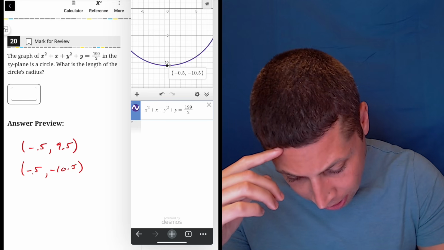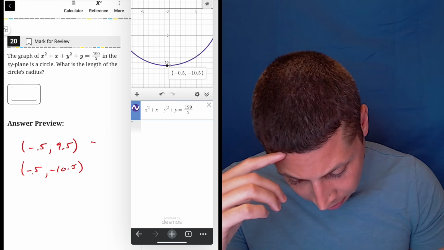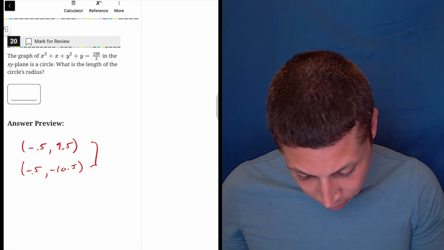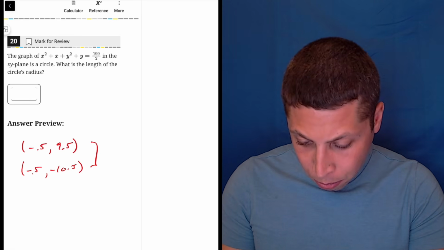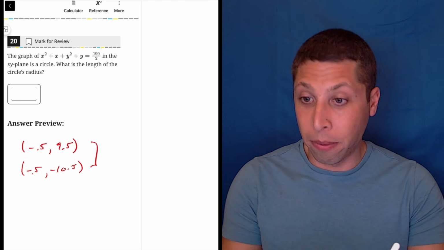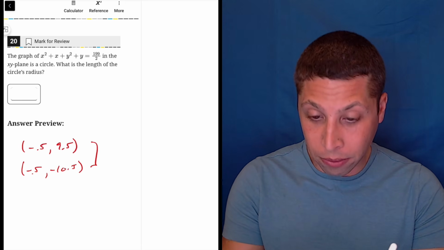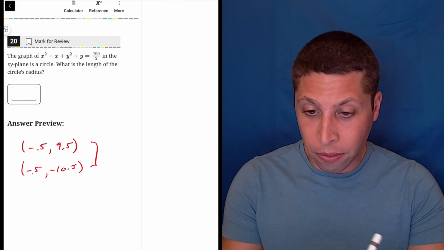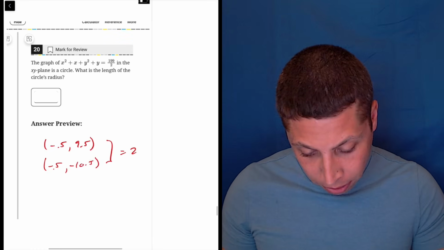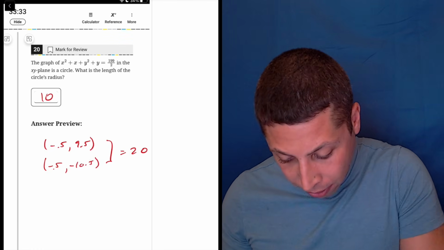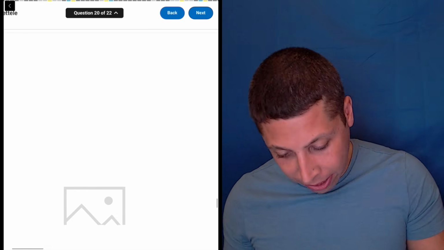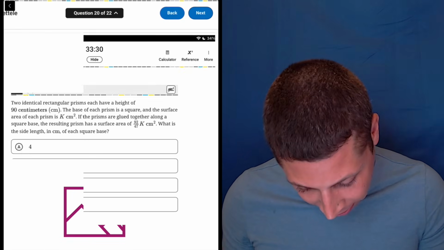So I think the calculator is just telling me this distance, right, is 9.5 plus 10.5. I should just be able to do that in my head, but we're getting to 7 minutes left. 9.5 plus 10.5 is 20. So what is the length of the radius? It should be 10, it should be half that. Okay, I'm going to trust the calculator, but if I have more time, which I don't think I'm going to have, I'd love to go back. This is really tight.